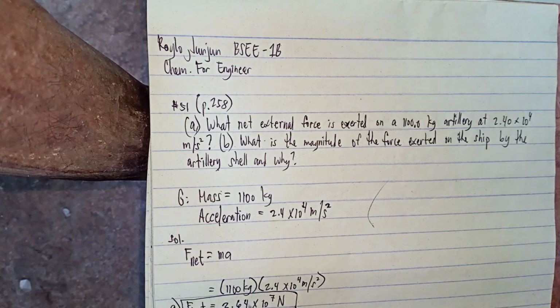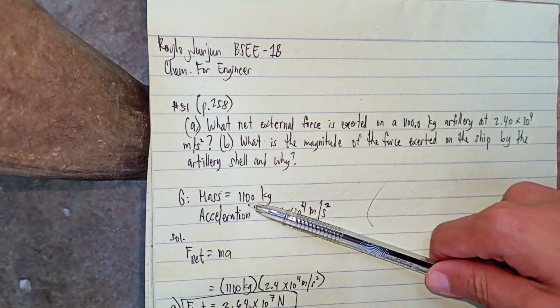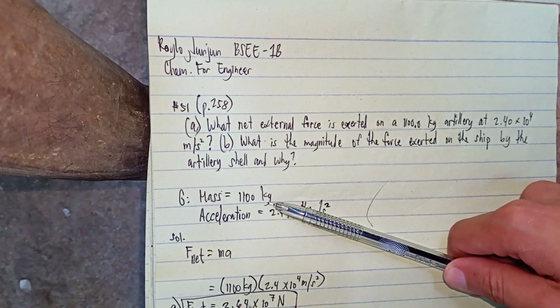From page 258, number 51, letter A, what net external force is exerted on a 1,100 kilograms artillery at 2.40 times 10 to the power of 4 meter per second squared? What is the magnitude of the force exerted on the ship by the artillery shell, and why? The given here, mass equals 1,100 kilograms.